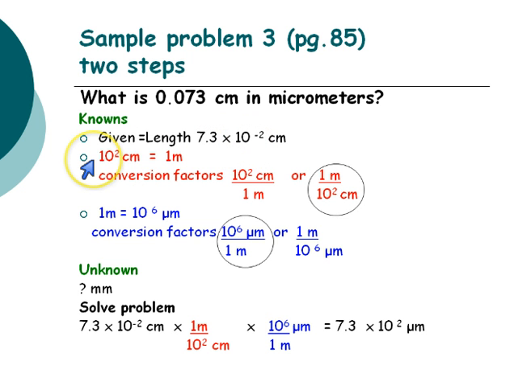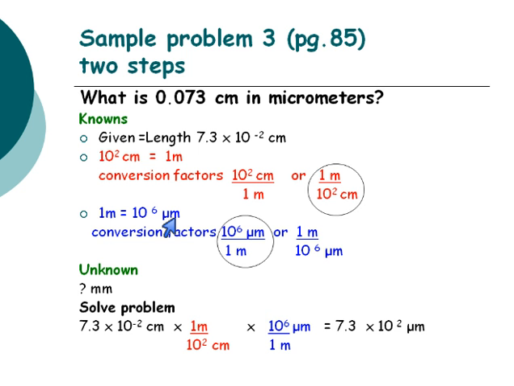We know 10 to the 2, or 100 centimeters, is 1 meter. I'm just using scientific notation, exponents here. So we can have conversion factors. 1 meter is to 100 centimeters. Now here 1 meter on top is to 100 centimeters. And then here 1 meter is to 10 to the 6th micrometers.